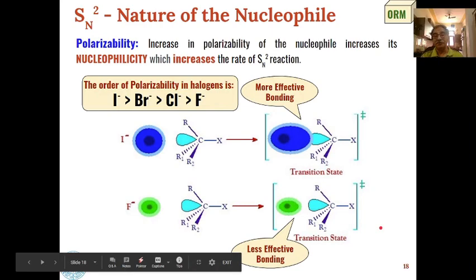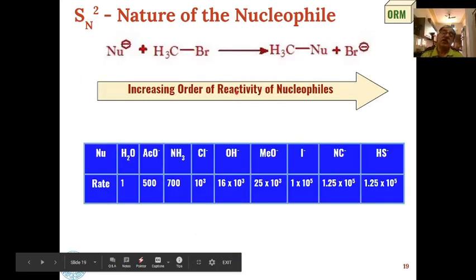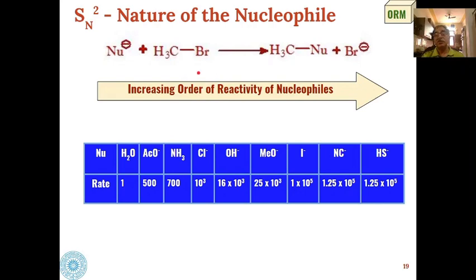Then another reaction which tells us about the increasing order of reactivity of nucleophiles is when a nucleophile is reacted with methyl bromide to give SN2 type products, and the reactivity of the nucleophile is determined. For water as a nucleophile, the rate was taken as 1, and in comparison to water, all other nucleophiles have this increasing order of reactivity.